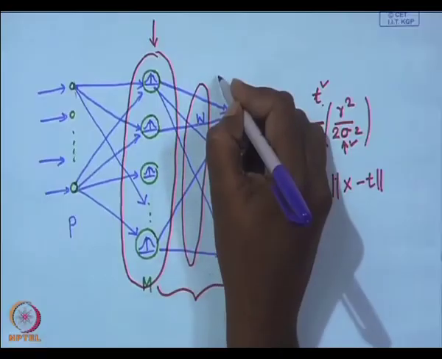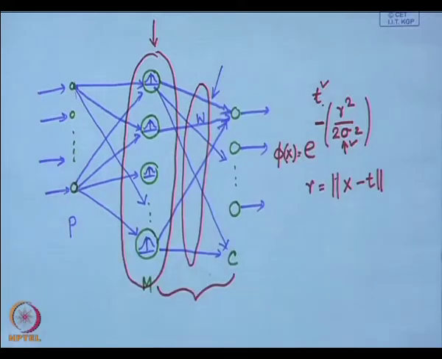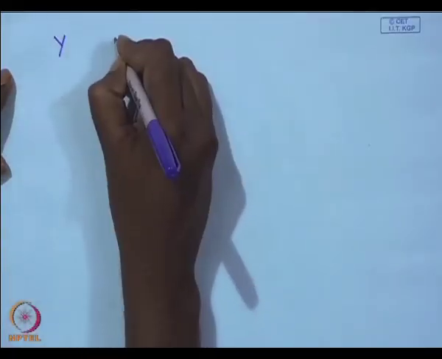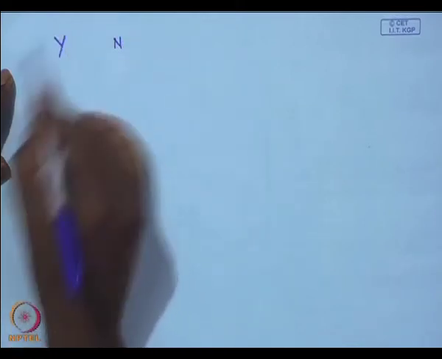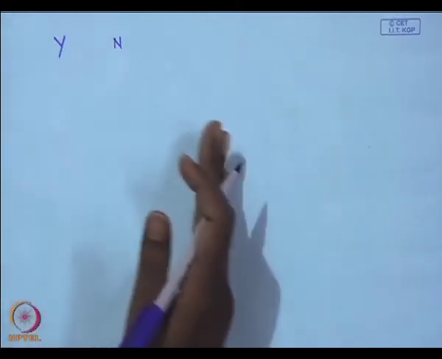So, the best way to find out these connection weights at the output layer is by means of the least mean square error technique. So, what we have is, we have already discussed the LMS technique, and there we have seen that if I have n number of feature vectors, then using these I can form a matrix.